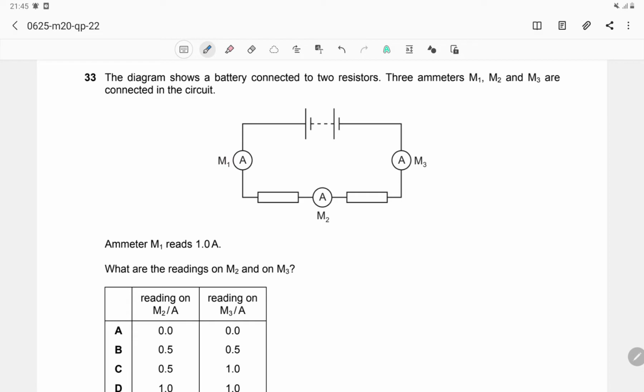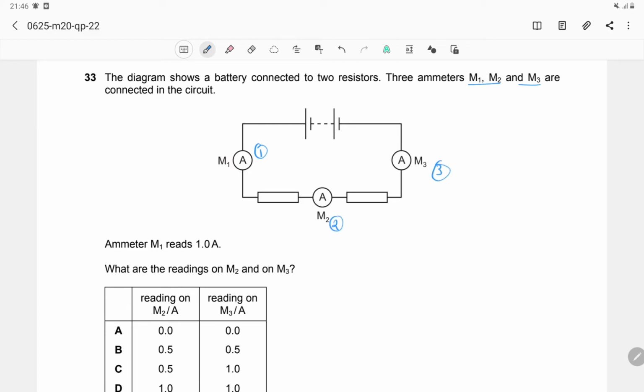Question 33. The diagram shows a battery connected to two resistors. Three ammeters M1, M2, M3 are connected in the circuit. Ammeter M1 reads 1 ampere current. What are the readings of M2 and M3? As you can see, there is a cell which is connected to two resistors and there are three ammeters M1, M2 and M3.